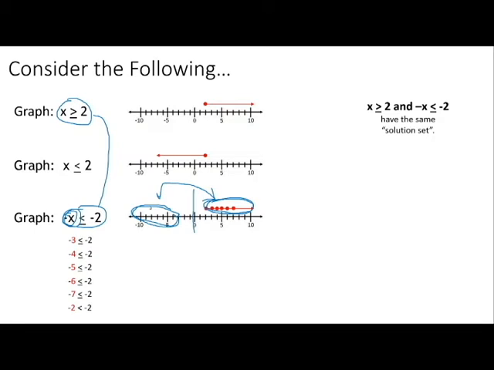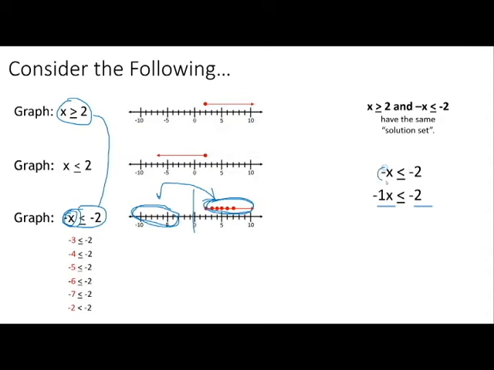Now, this leads us to a rule or a pattern. If you have something like negative x is less than or equal to negative 2, you can use what's known as the property of inequality, which works much like the property of equality. And it says, I can do whatever I want in an equation as long as I do it on both sides.